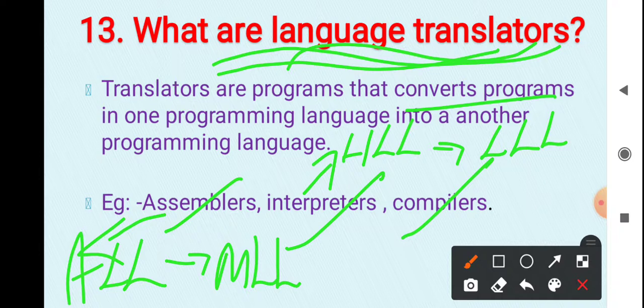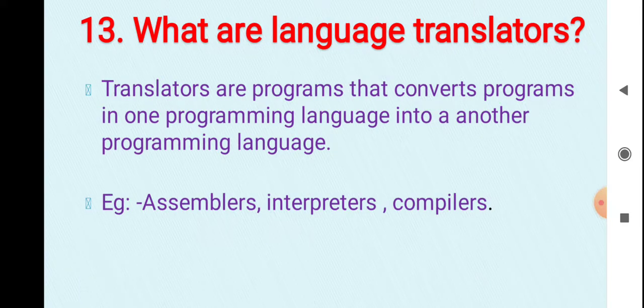Next, compilers also do the same thing, conversion from high level language to low level language, but not line by line. The whole program will be converted from high level language to low level language.